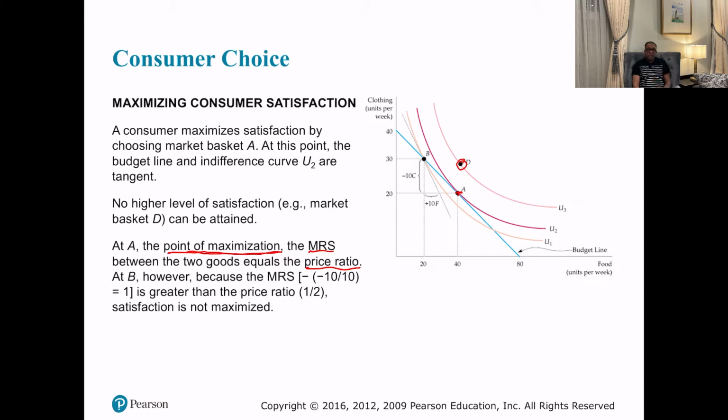Because these are tangent here, the tangent point has the same slope, meaning the slope of the indifference curve and the slope of the budget line at that point are the same. So what we learn is that the utility-maximizing combination, where the consumer makes a choice, is where the indifference curve slope, which is the MRS, is equal to the relative price, which is the slope of the budget line.